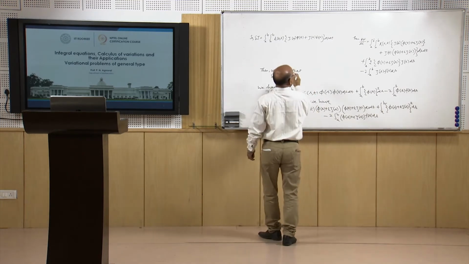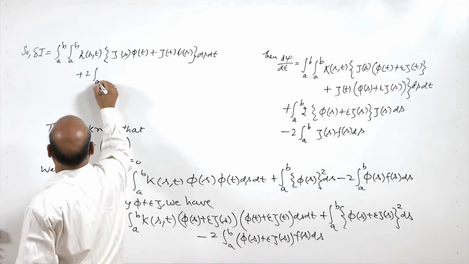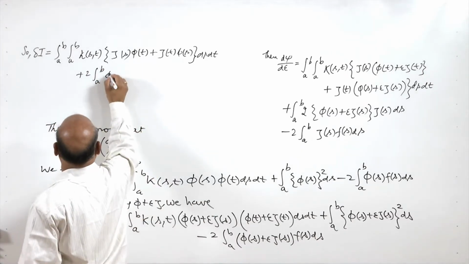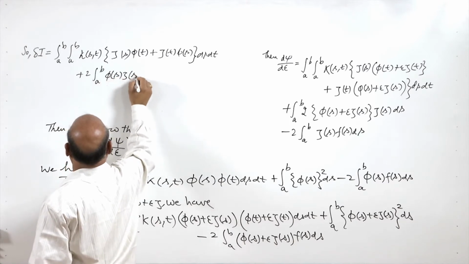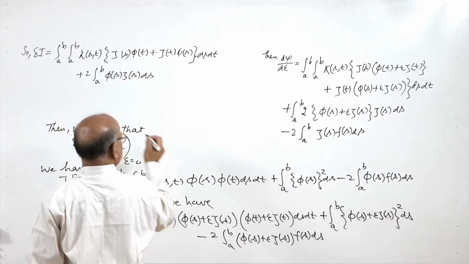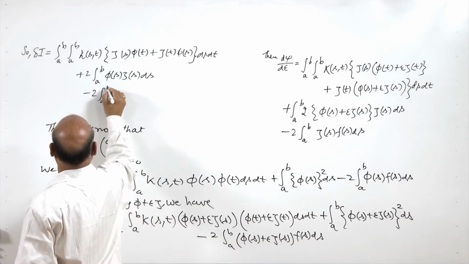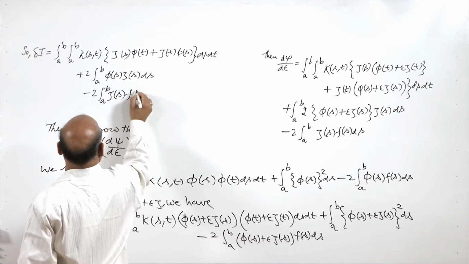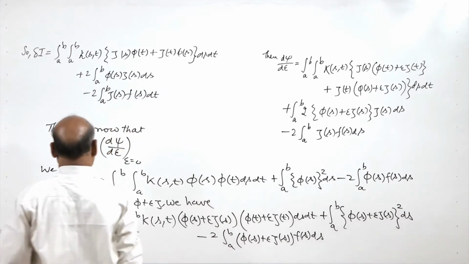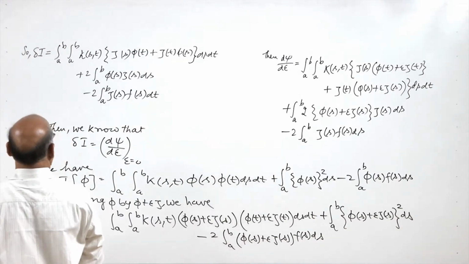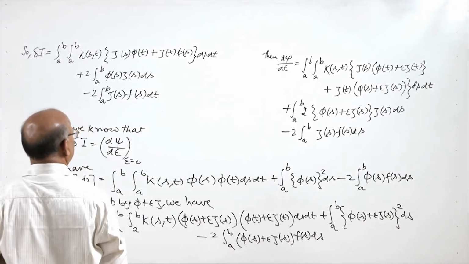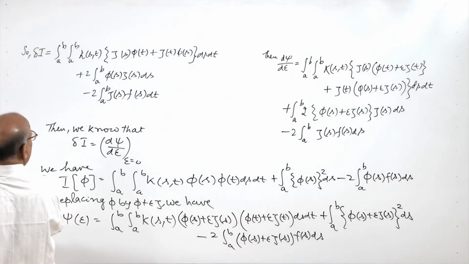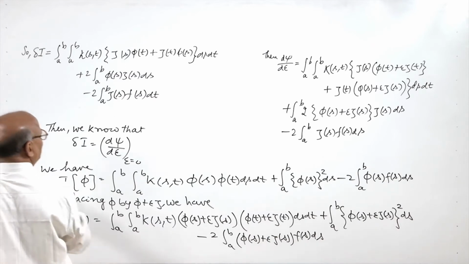And then we get 2 times the integral a to b, when we put epsilon 0, phi(s) into zeta(s) ds, minus 2 times the integral a to b of zeta(s) into f(s) ds. So this is delta I. When we find d psi over d epsilon at epsilon equal to 0, we get delta I, and now this can be put further in this form.